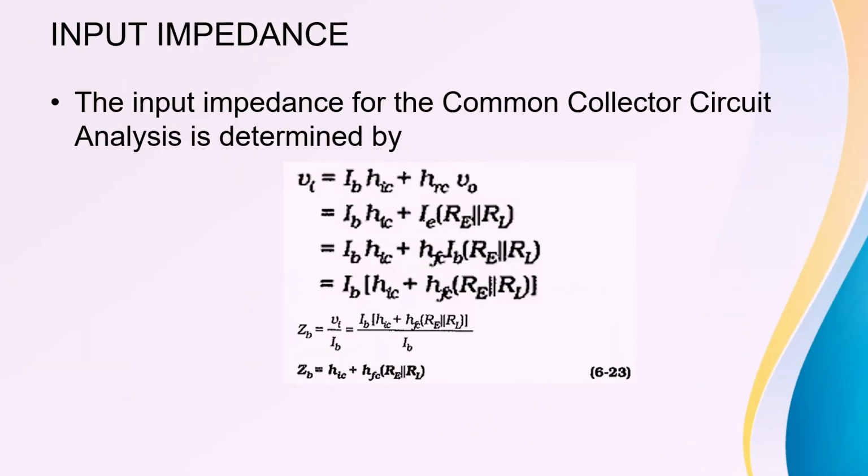So next, let's talk about the input impedance. The input impedance for the common collector circuit analysis is determined by the following equation. The base impedance is the input impedance of the common collector circuit. It is given by equation number 6.23.